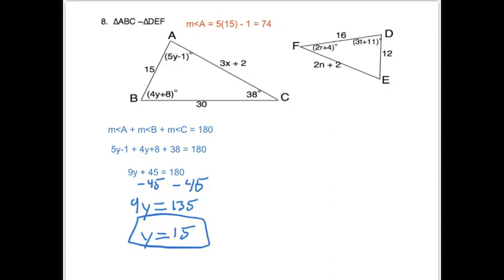I know the measure of angle A is 74. Because y is 15, you can substitute that value in for 5y minus 1. We can do the same thing for angle B. We know B is equal to 68 degrees, because if we substitute in 15, we get 68. And now we can use that information to help us find some other angles.